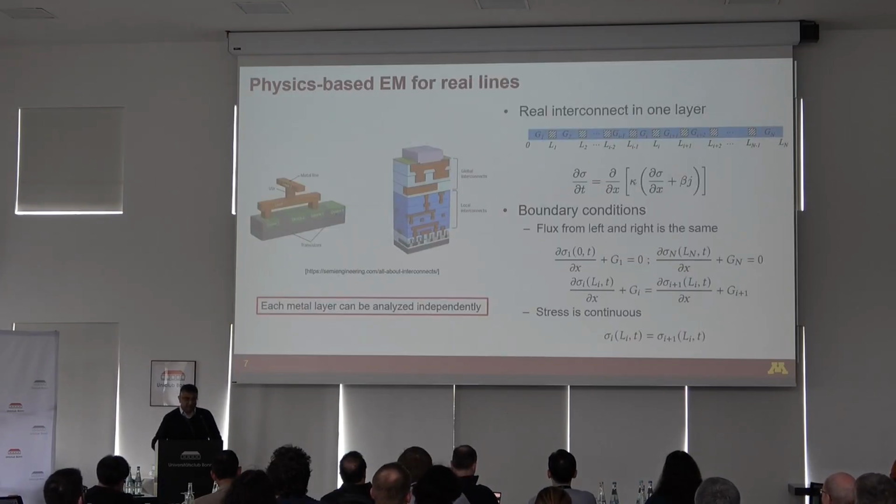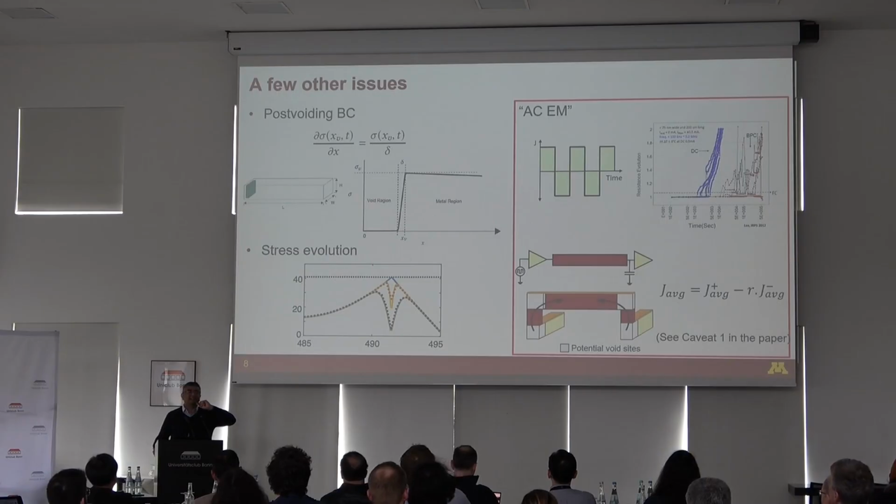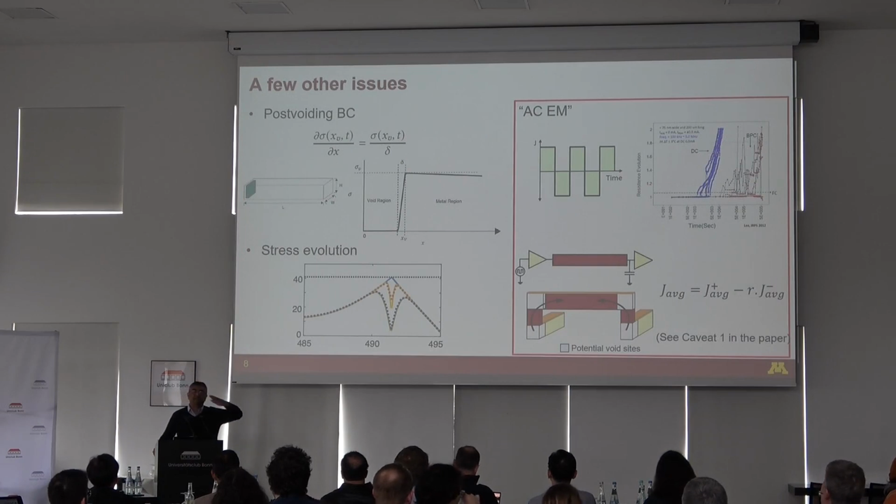Now, I'll skip through this part and just jump to this other slide over here. When we talk about current going through a wire, it can go in one direction or in both directions. If you have a signal line, during half the clock cycle, or half the duty cycle, you are charging up the wire, charging up the load capacitance. During the other half, you're discharging it, so the current goes backwards and forwards.